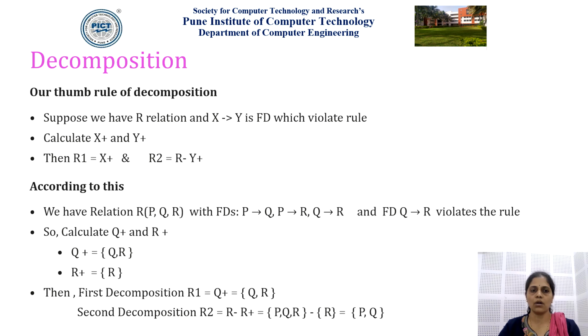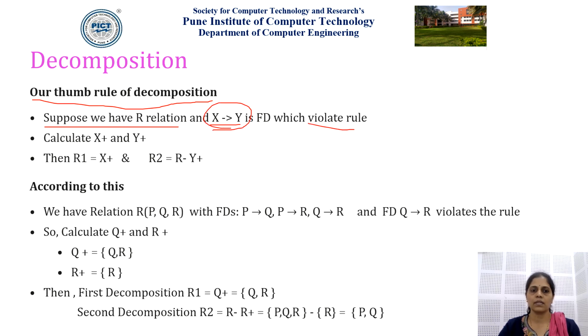So how to resolve this? We have to decompose our relation. We have already seen the thumb rule for decomposition in the previous two videos, when we discussed 1NF and 2NF. The same rule is to be followed here. Suppose we have a relation R and there is a functional dependency X arrow Y, like X determines Y, and this is the functional dependency which causes the violation.